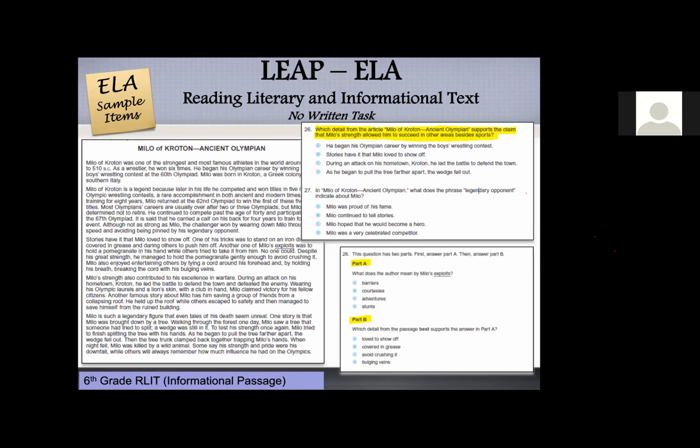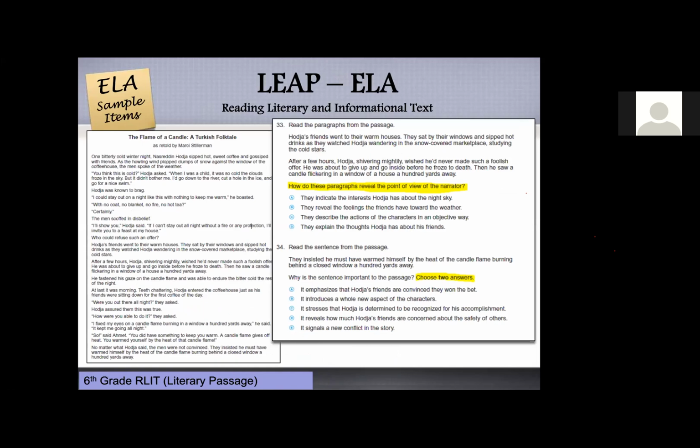Just another example. This isn't writing, it's more reading, literary, and informational text. Another example, and these are great practice questions too.